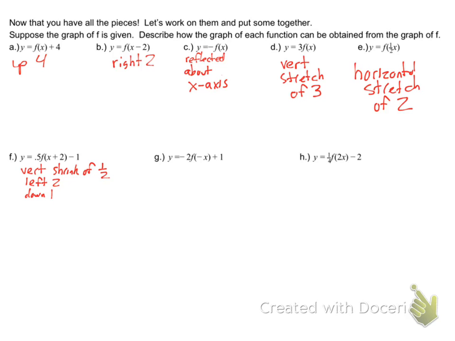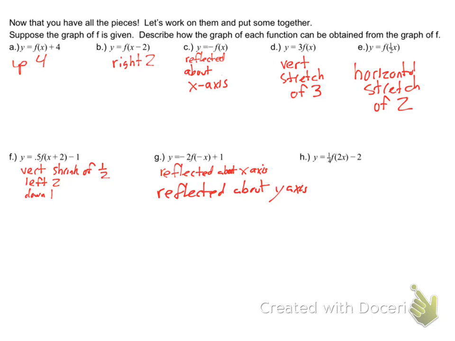Just start on the outside. What's the negative do? Reflected about the x-axis. It's the negative inside now. Reflected about the y-axis.